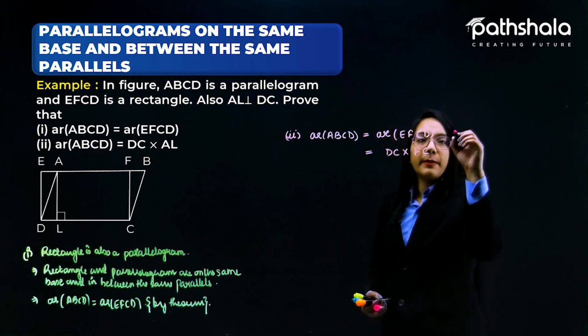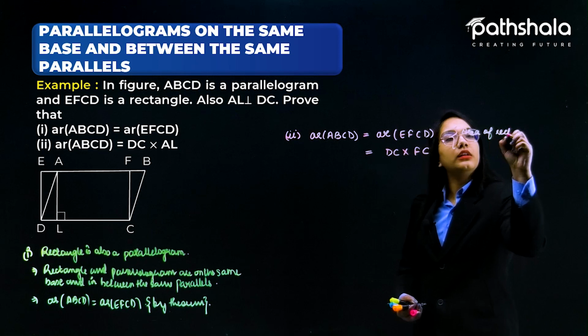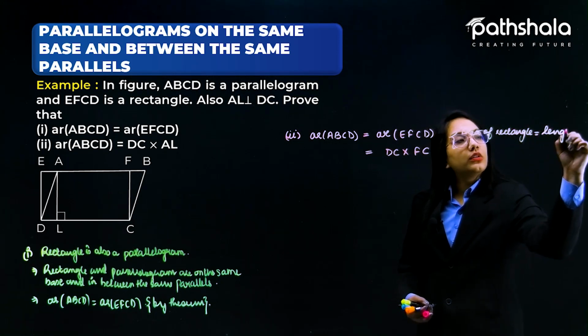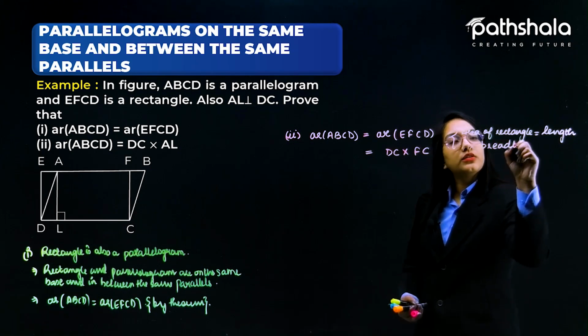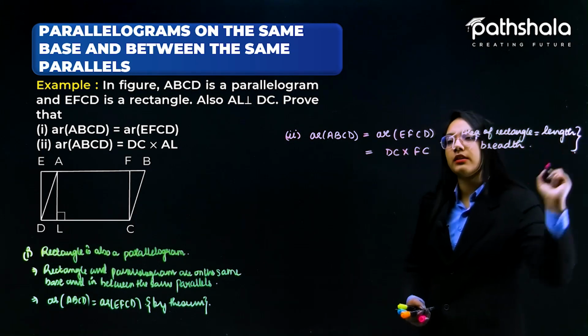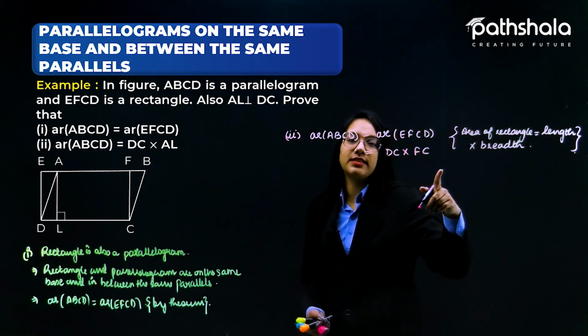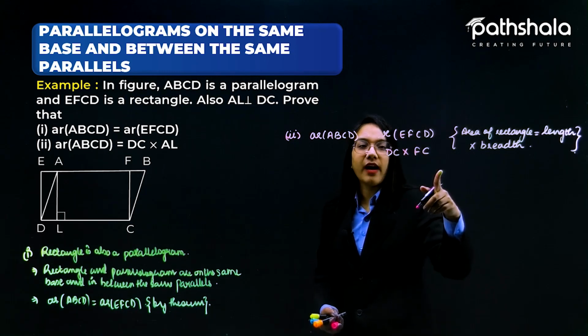We can say that because we know that the area of a rectangle is equal to length into breadth. So using that concept, we can say that it is DC into FC.